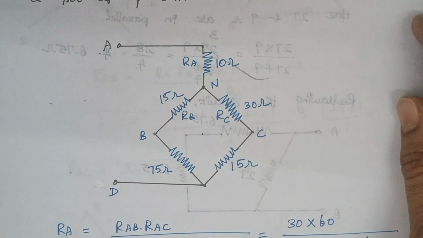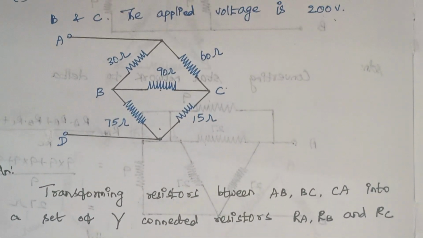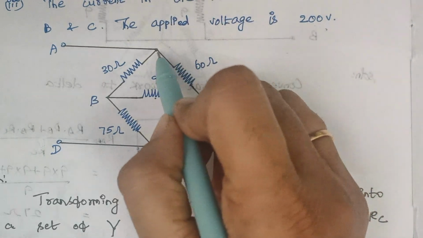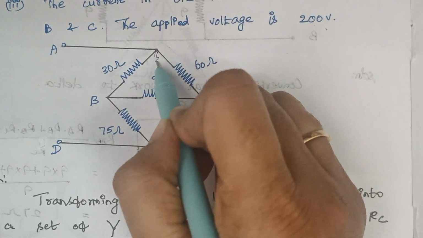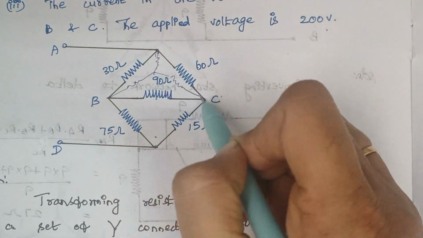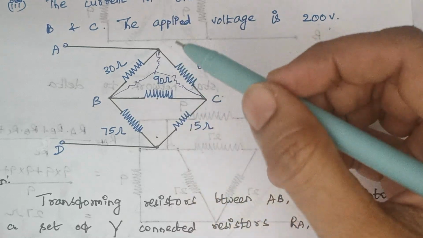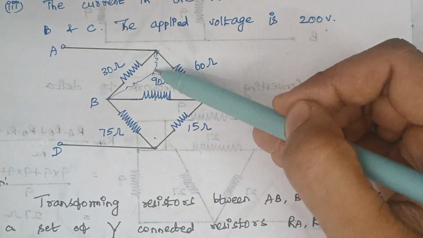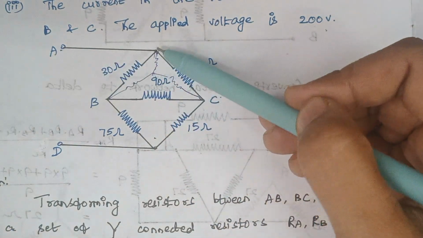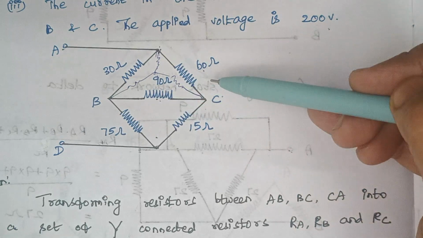So what is the formula? What is the procedure to convert this delta to star? This is how the delta to star transformation will be. If you need the value of this resistance, that is RA, because A is here, RA is 30 into 60 divided by 30 plus 90 plus 60.